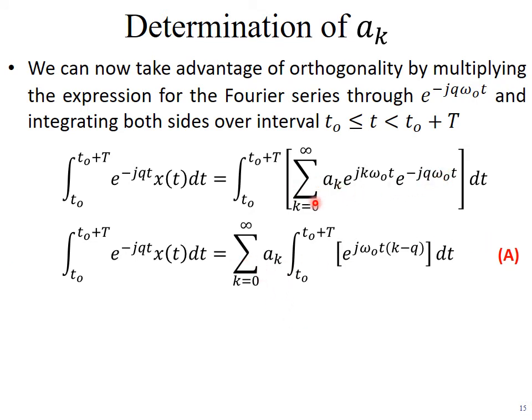Here we have simply taken the summation out of the integral, and then since these are both exponential functions and they are multiplied, their powers would be added, right? So after some simplification, and a k is not a function of time, so it is taken out of the integral, right? So now we have to find the integral of this first, and then we'll evaluate the summation.